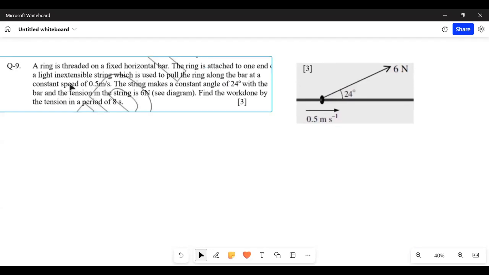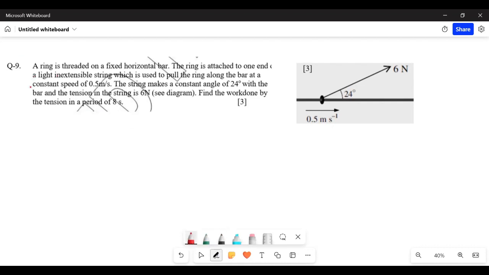The ring is attached to one end of a light inextensible string, which is used to pull the ring along the bar at a constant speed of 0.45 meters per second. Constant speed means acceleration is 0. And also for constant speed, you use the formula speed equals distance over time. You don't use equations of motion because acceleration is 0. The string makes a constant angle of 24 degrees with the bar, and the tension in the string is 6 newtons. Find the work done by the tension in the period of 8 seconds.